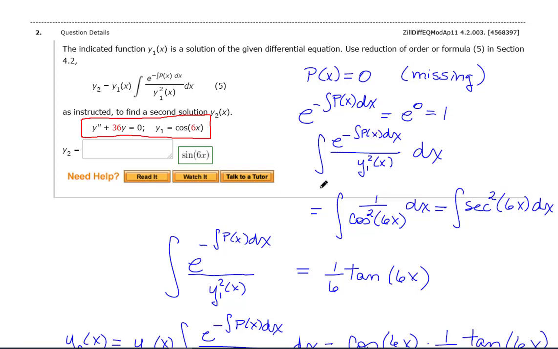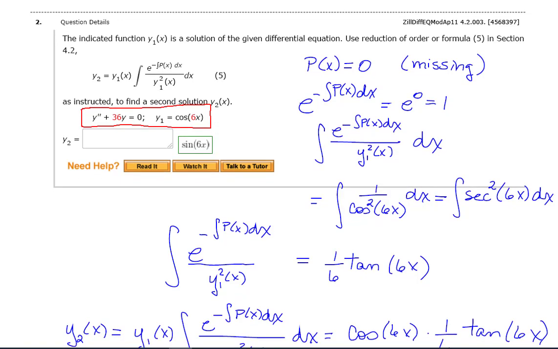What's on the bottom? Well, my one solution is cosine of 6x, so that's squared. I've got 1 over cosine squared, and 1 over cosine is secant. So I've got secant squared of 6x.